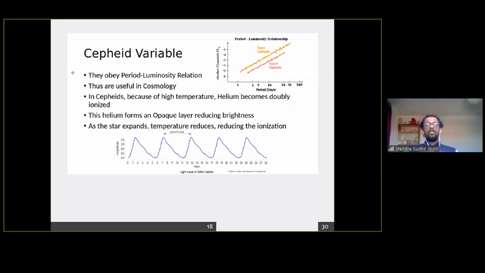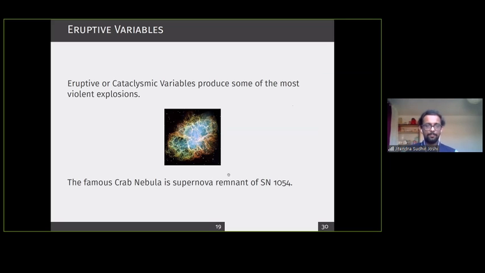In short, if I turn on this torch, you can see its brightness. Now if I move it behind here, the brightness decreases because the distance has increased. That is what a standard candle is, because the intrinsic brightness remains the same. So these Cepheid variables can be used as standard candles and hence as distance estimators.